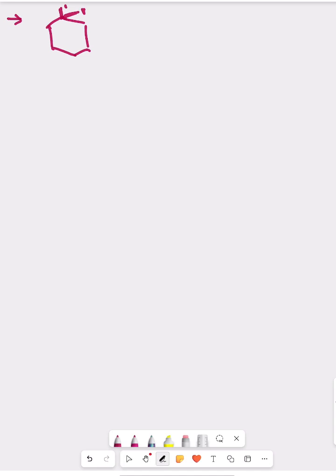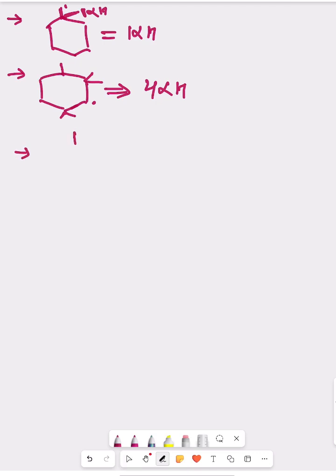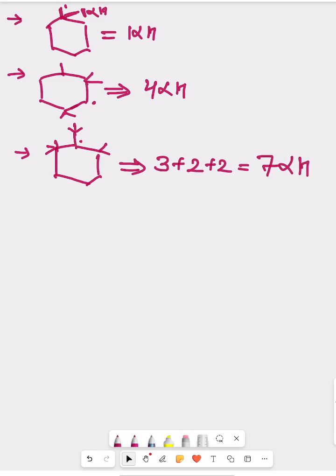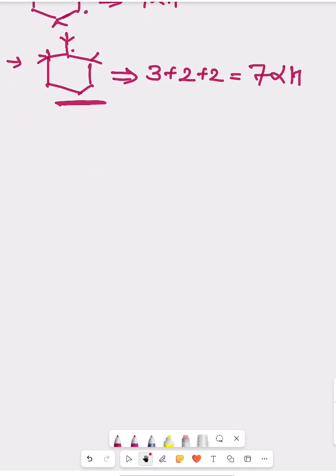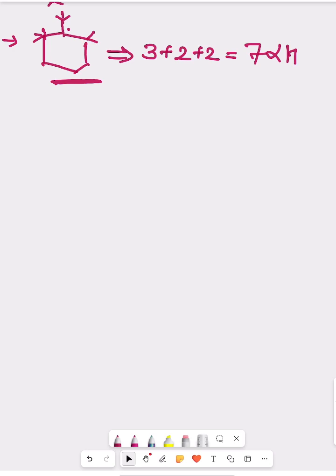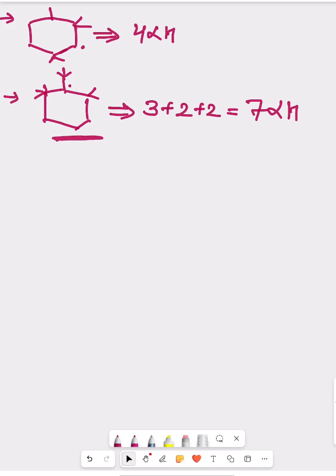The directly attached carbon is sp3 hybridized and has one alpha H. Here are your 4 alpha H. Here you have 3, 2, 2: 3 plus 2 plus 2, 7 alpha H. So 7 hyperconjugative structures, and this will be the most stable among these. Okay, now you must have understood what hyperconjugation is and why we are studying it.